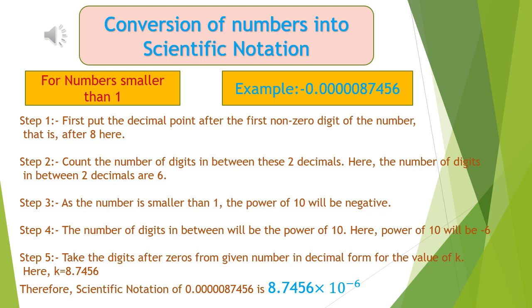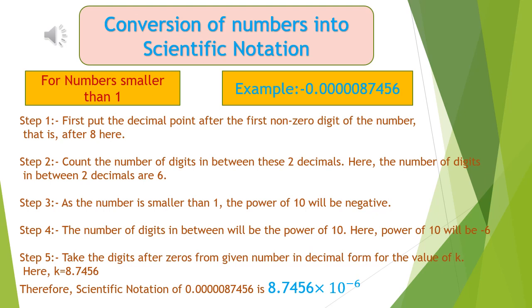Now step number 5. Take the digits after 0 from the given number in decimal form for the value of k. It means you have to take the digits after the zeros. After 5 zeros, how many digits are there? 8, 7, 4, 5, 6. So you need the value of k and you have to put the decimal after 8.